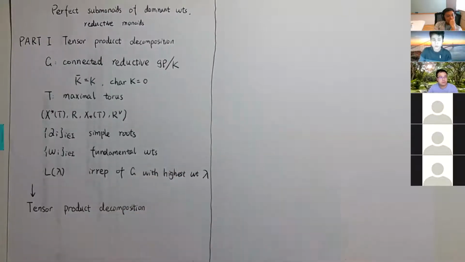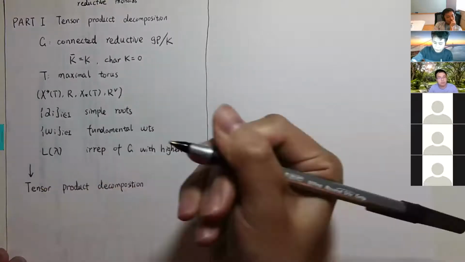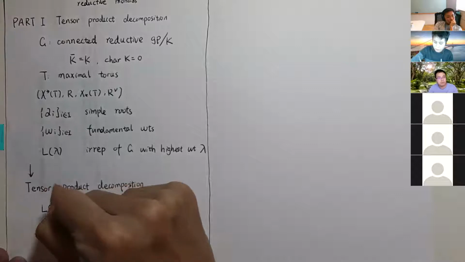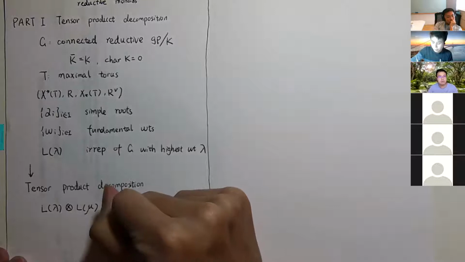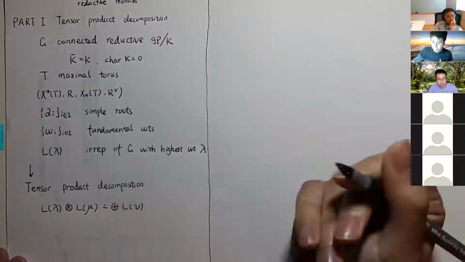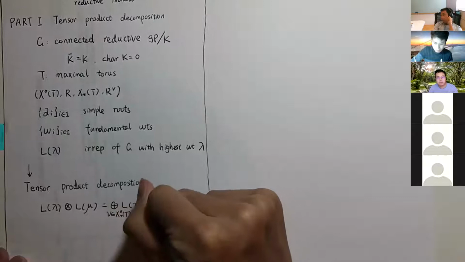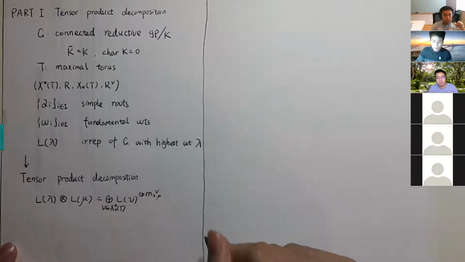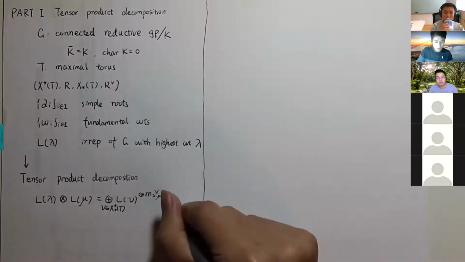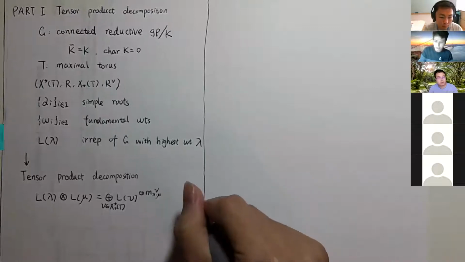Namely, due to complete reducibility, we can decompose the tensor product of two irreducible representations into a direct sum of irreducible representations. This is the tensor product decomposition, and the multiplicities m_lambda,mu,nu are called the little Richardson coefficients, or briefly, tensor product multiplicities.